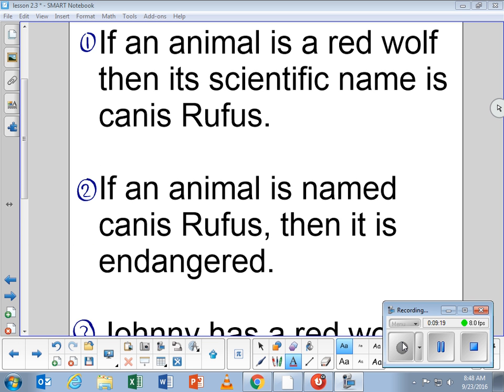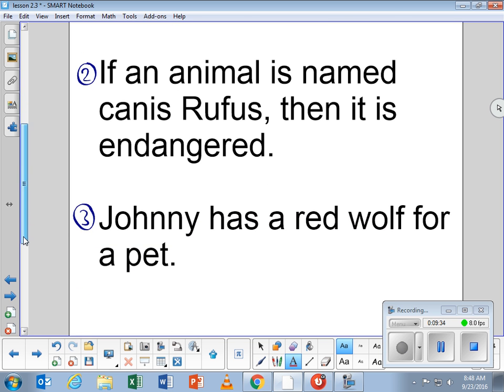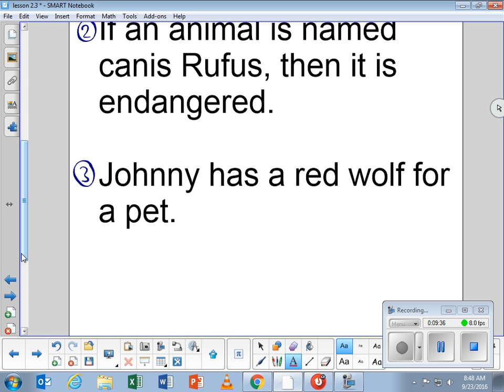Okay, first of all, let's just read through the three statements. If an animal is a red wolf, then its scientific name is Canis rufus. If an animal is named Canis rufus, then it is endangered. Johnny has a red wolf for a pet.